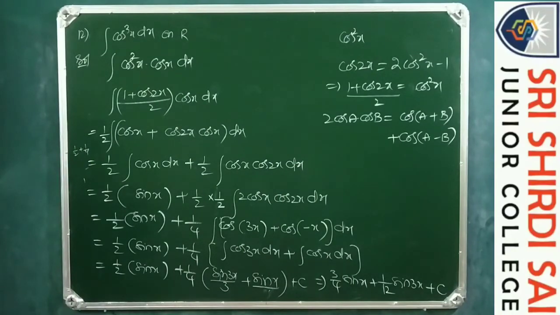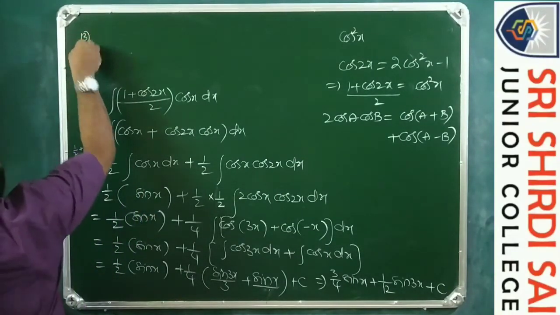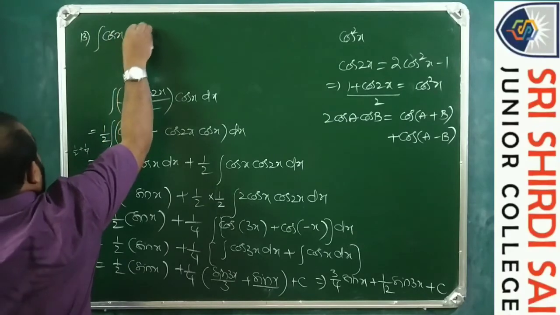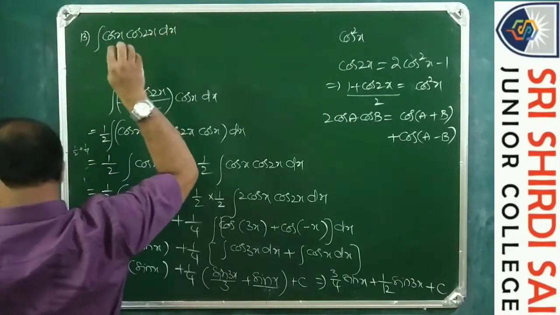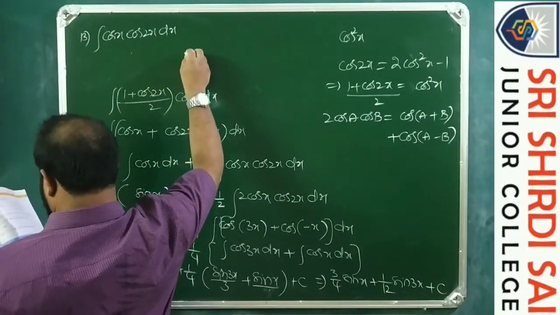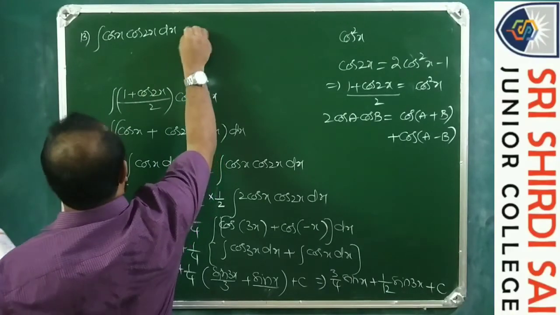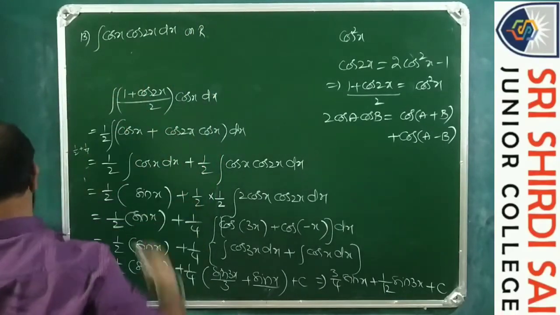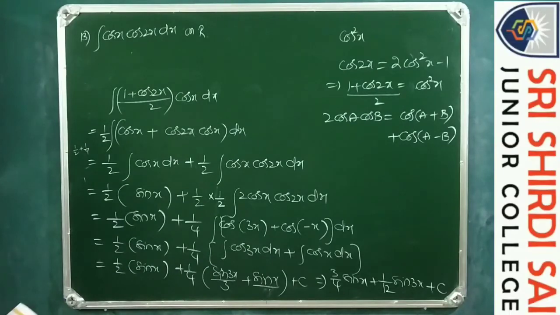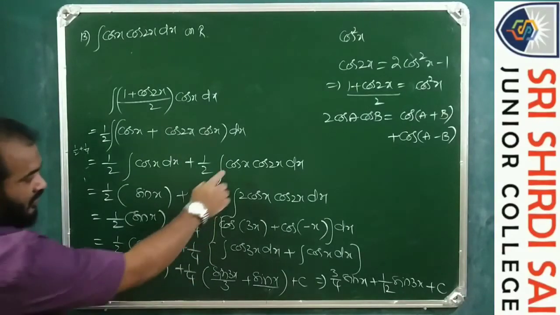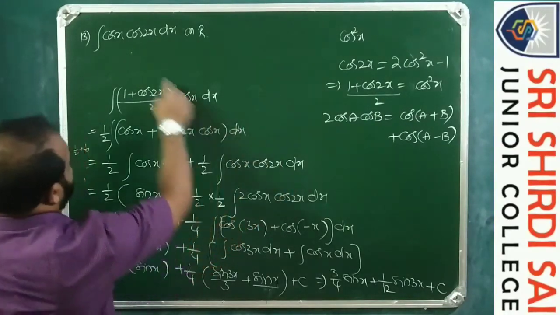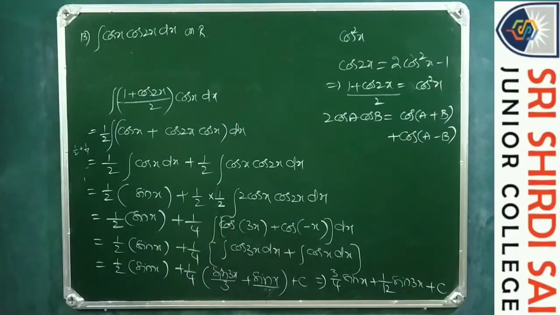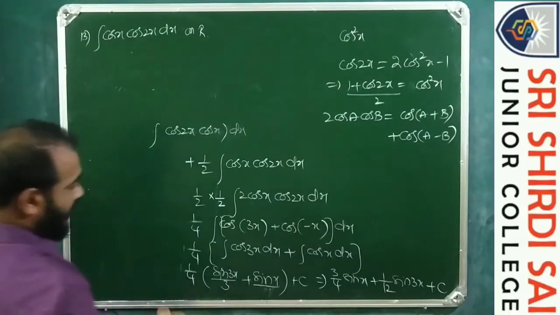So the next question is integral cos x into cos 2x dx on R. This is the 13th question. If you see here, cos x into cos 2x dx is the same.